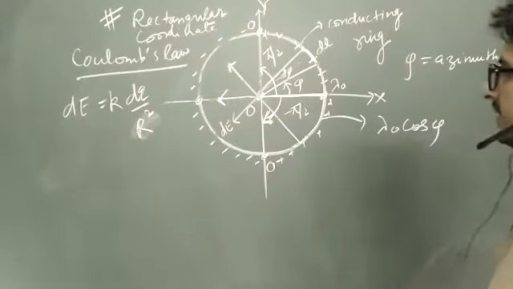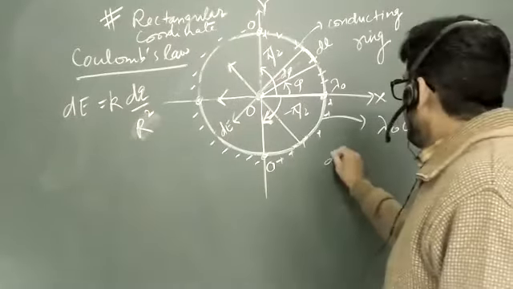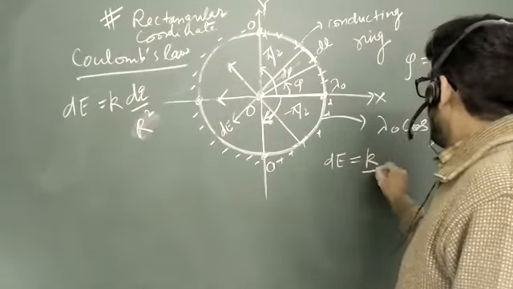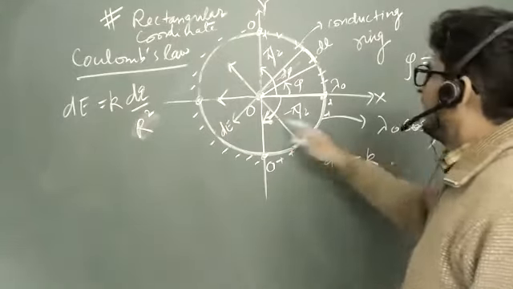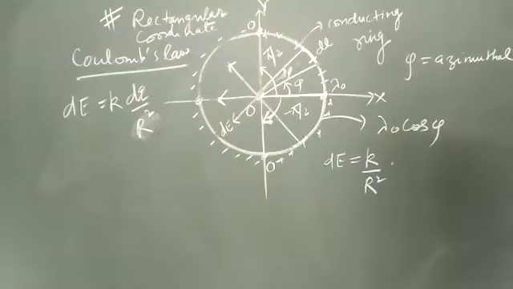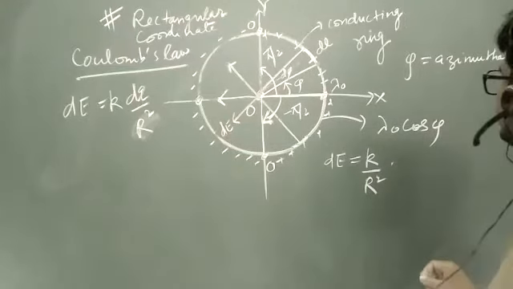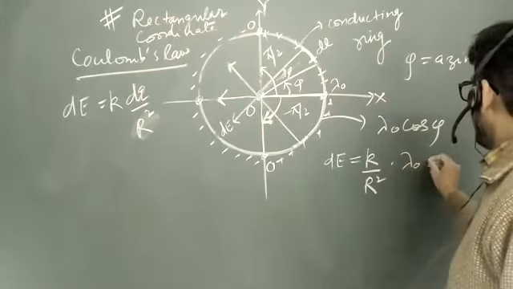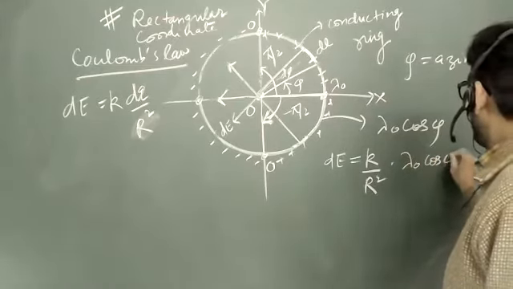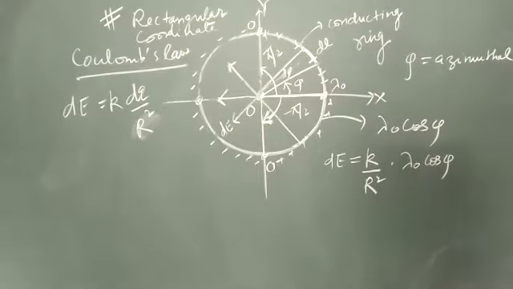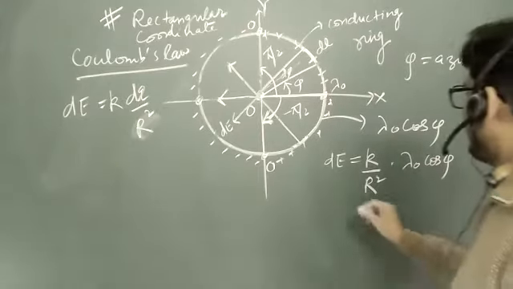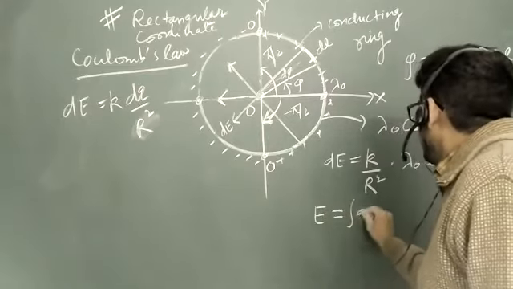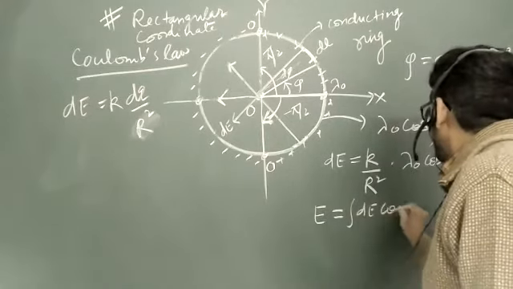So write it. dE will be equal to k by r square times dq. What will be dq? Lambda dl. And what is lambda? Lambda naught cos of phi. Please see this. And if I want to know the electric field, it will be the integral of dE cos of phi.